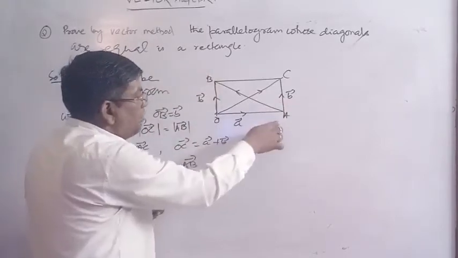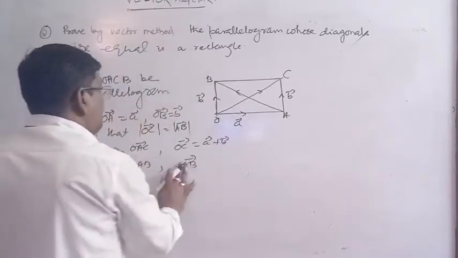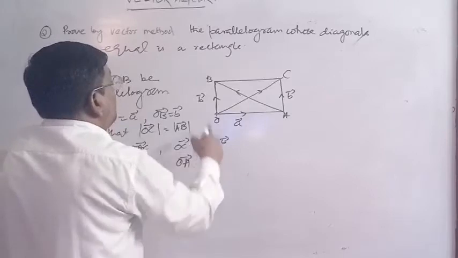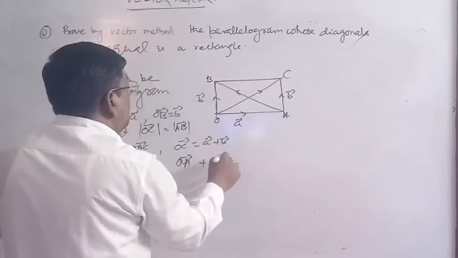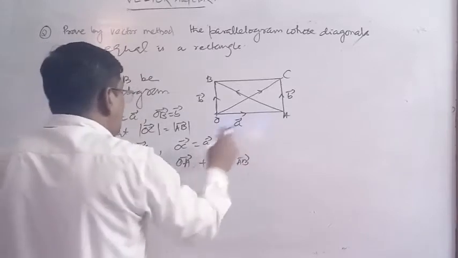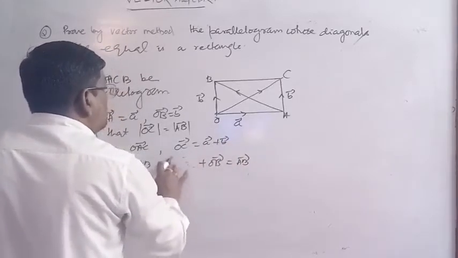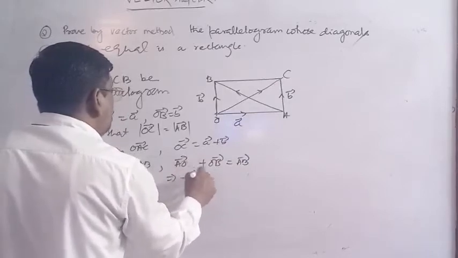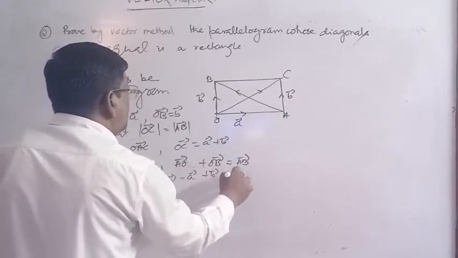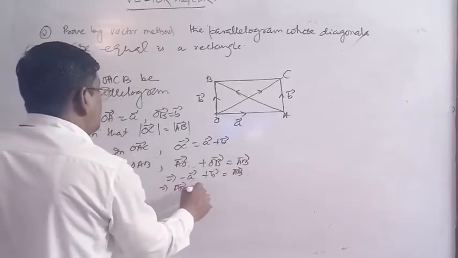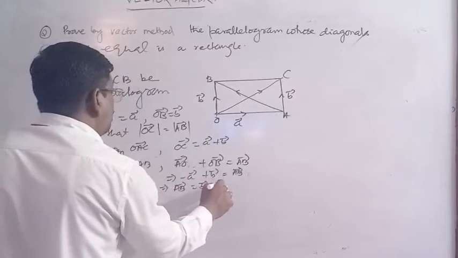So in triangle OAB, AO vector plus OB vector is equal to AB vector. AO vector is minus A. So minus A plus B is equal to AB vector. That implies AB vector is equal to B minus A vector.